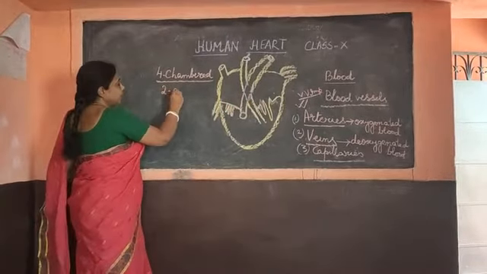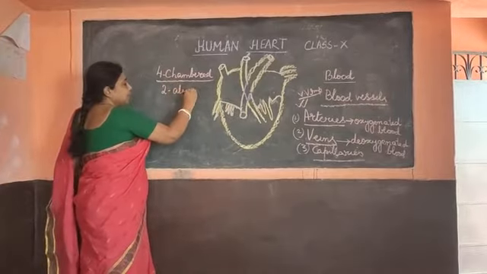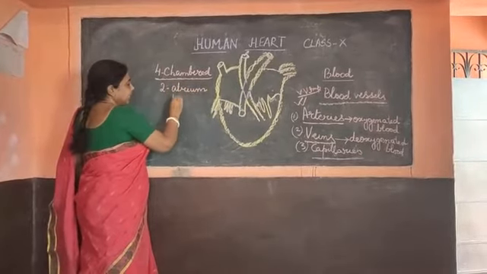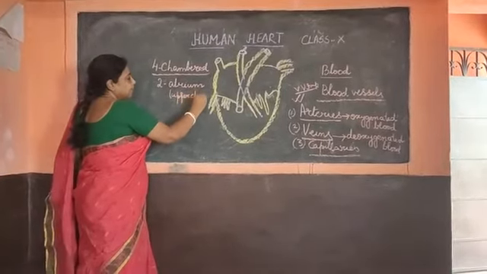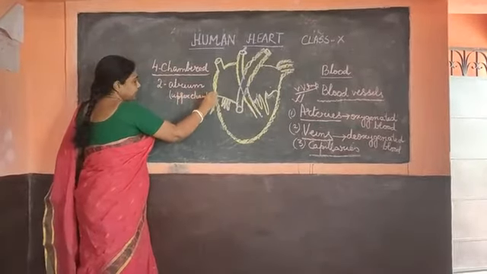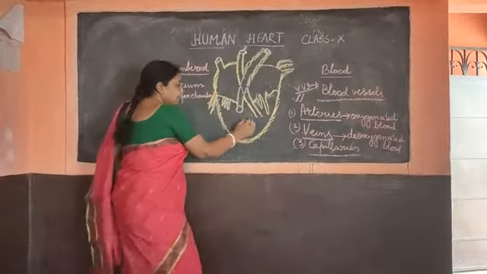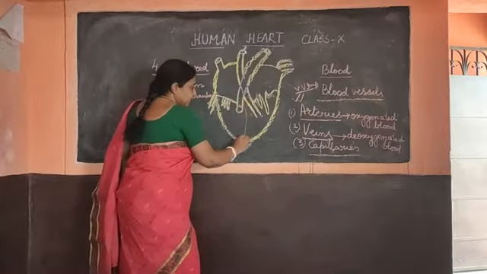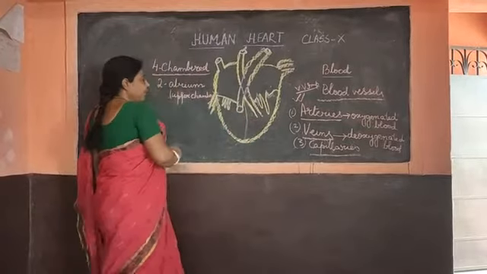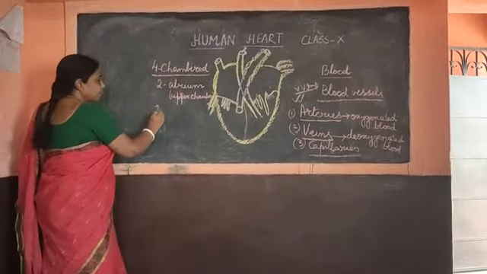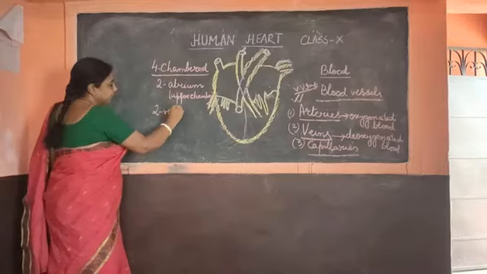They are the upper chambers. Then down here you have two, of course there is a septum. Then you have these two downwards. Those two are known as ventricles.